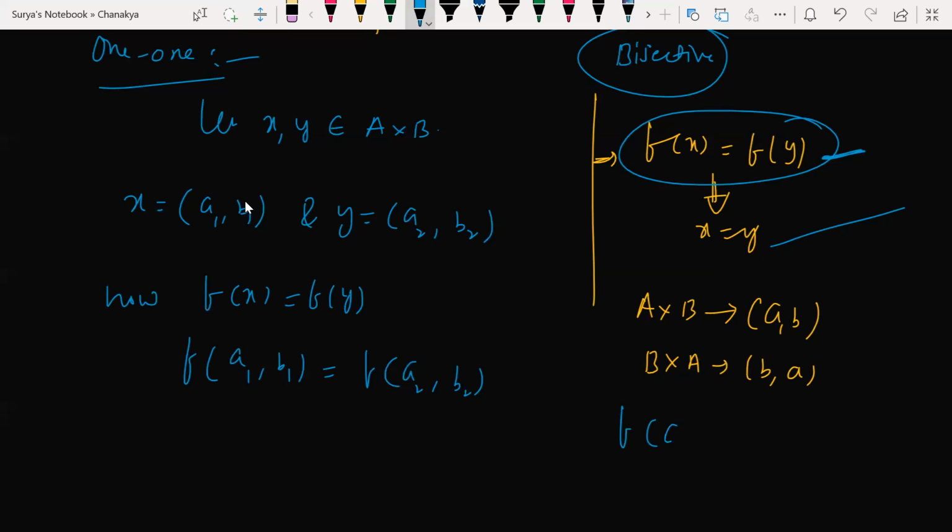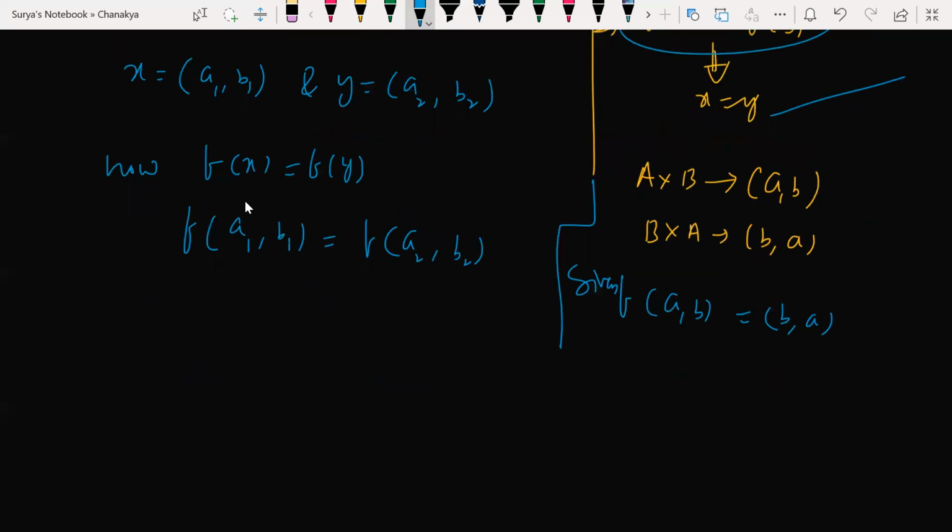Here, given that f of A comma B can be written as B comma A, that is what he has given. Then f of A1 comma B1 can be written as B1 comma A1, undoubtedly.